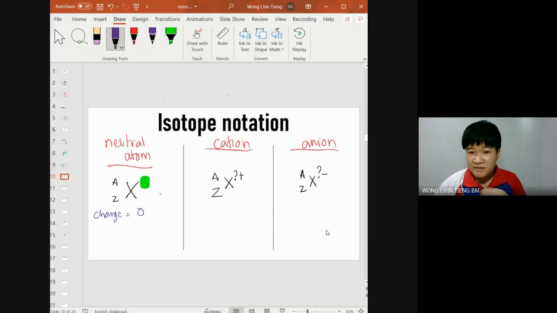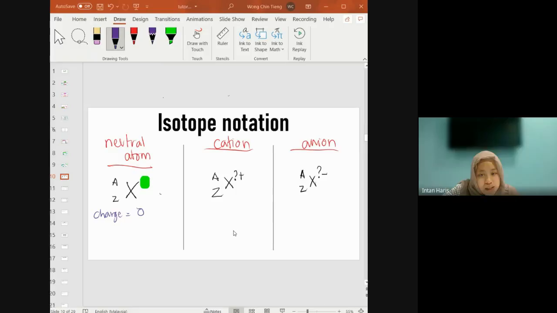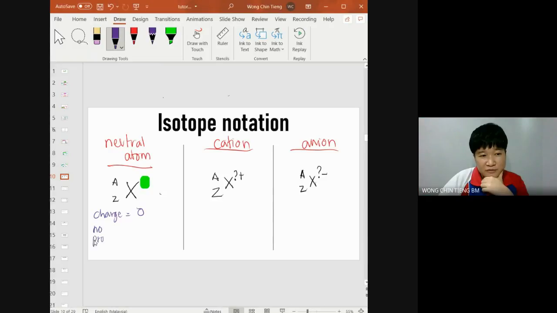Sharifah? Ada 2 Sharifah lagi ke? Saya nak jawab boleh? Boleh. Sebab proton number dengan number of electron sama. Number of proton equals to number of electron. Intan sambung.